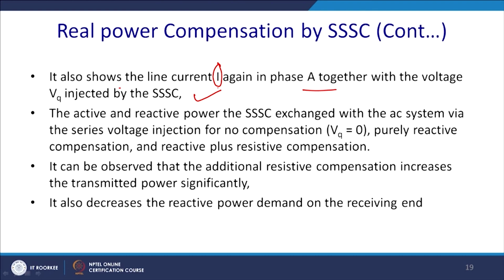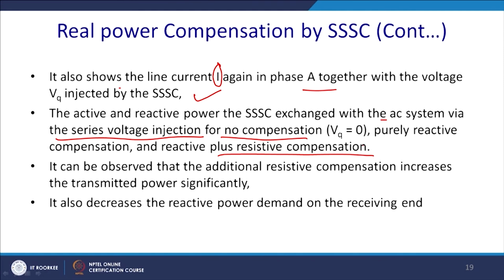The active and the reactive power in the SSSC are exchanged with the AC system via series voltage injection, for no compensation when VQ is 0. Purely reactive compensation and reactive plus resistive compensation can also be done here.